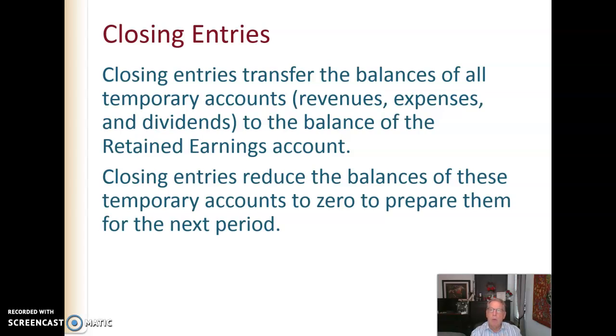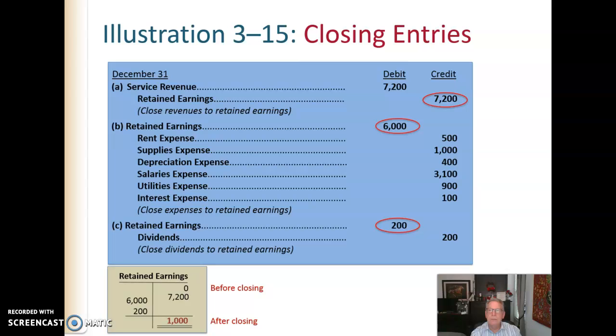Okay, how do we do that? Here, we had revenues of $7,200. It has a credit balance, because you'll remember, normally we're going to debit cash or accounts receivable and credit revenue when we make a sale. So it has a credit balance.